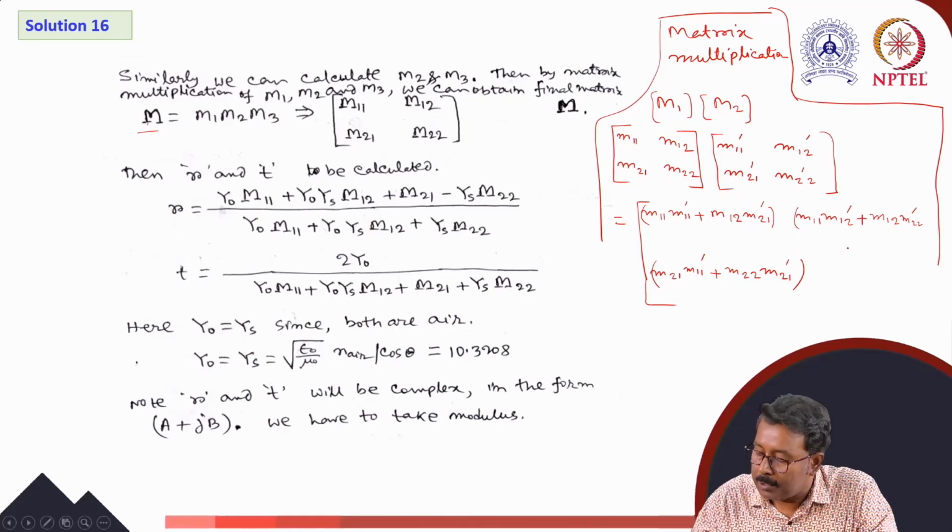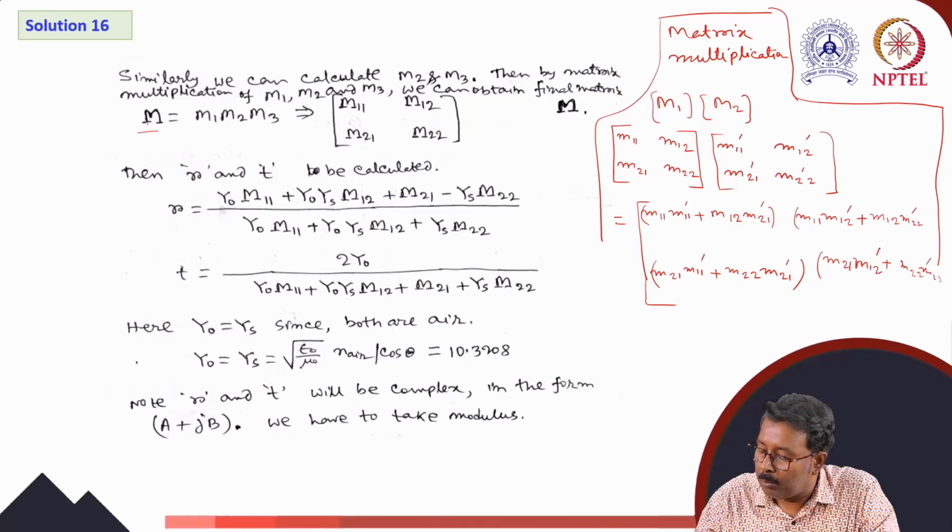And the fourth one is m21 into m12 dash plus m22 into m22 dash.